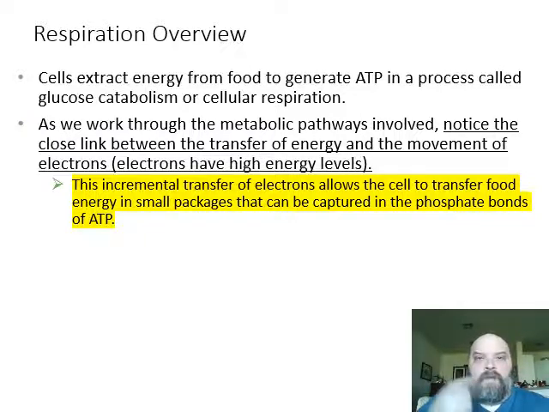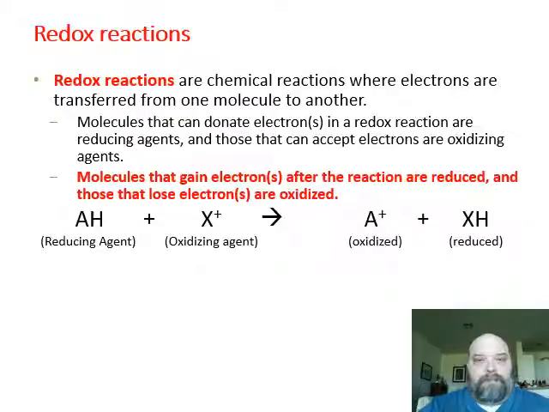So throughout this chapter and the next chapter, pay attention to where is the electron. Who's got the electron? Who's got the high energy electron? Where's it going? Because it all comes down to what are referred to as redox reactions. Reduction and oxidation reactions. I always use the stupid analogy.